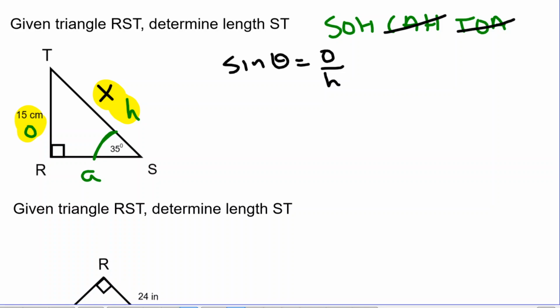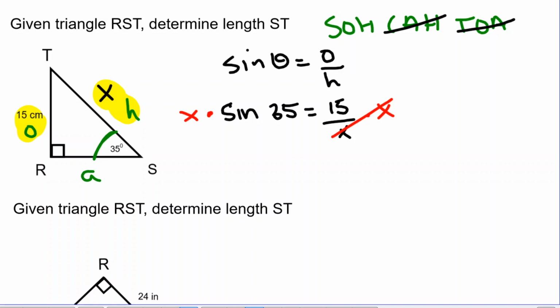So plug in the things I know. I know the angle, so sine 35. I know the opposite length, so 15. And now my unknown is on the bottom of the fraction. So if I'm trying to isolate x, I need at the end of the day for this to look like x equals. So I need to move x to the top of the fraction. I would say the first thing we want to do is multiply both sides by x because we don't want x to live in a denominator.